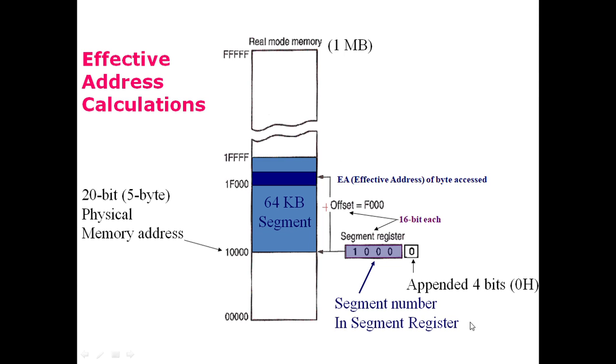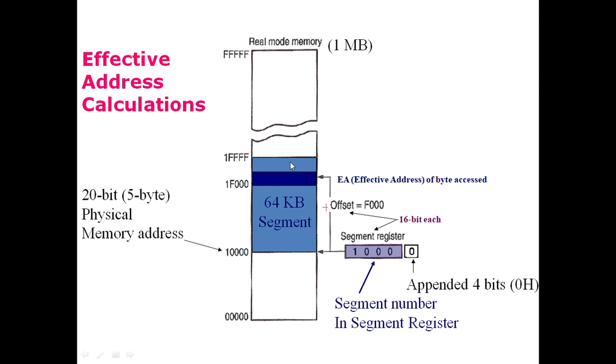The same address calculation is used for all the segments. If this segment is a code segment, then this segment register would be the code segment register, CS, and the offset address F000 would be provided by the instruction pointer register.